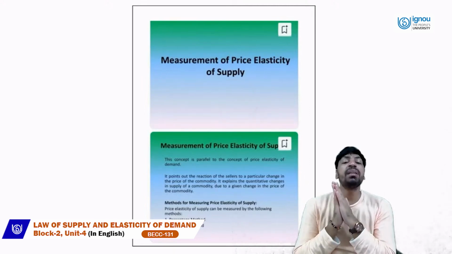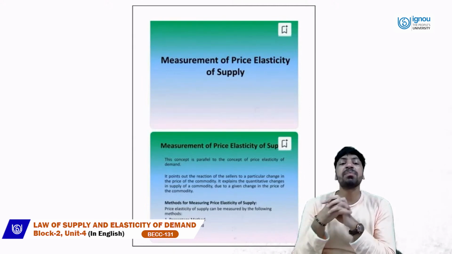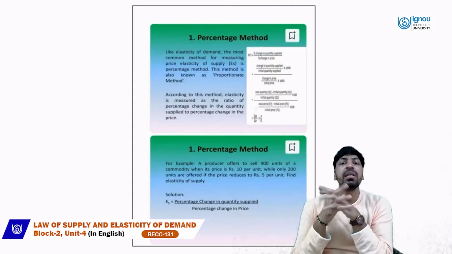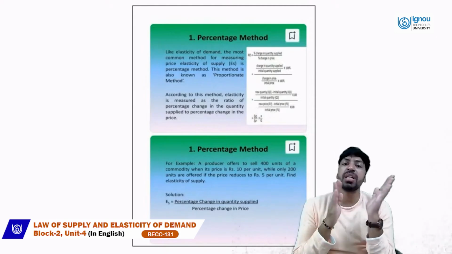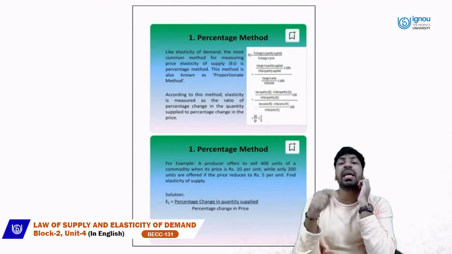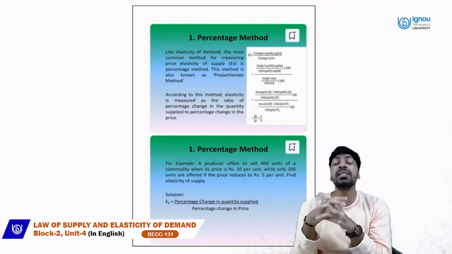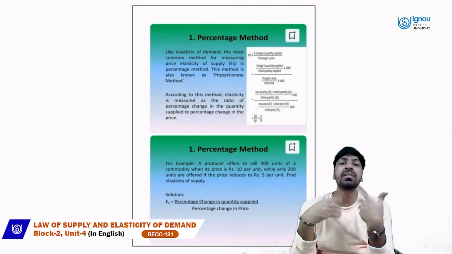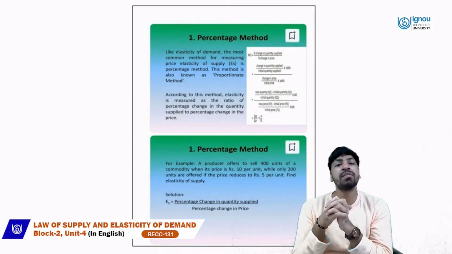Basically, there are two main methods to measure the price elasticity of supply: the percentage method and the geometric method. In the percentage method, there is a percentage proportionate change in quantity supplied by a proportionate change in its price. That's called the percentage method to measure the elasticity of supply.